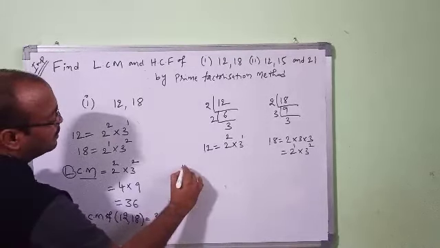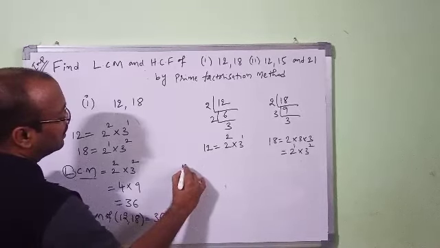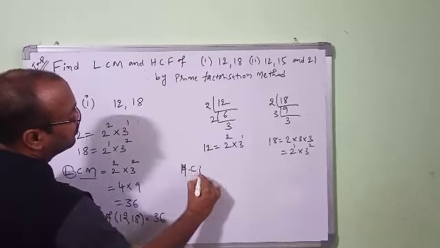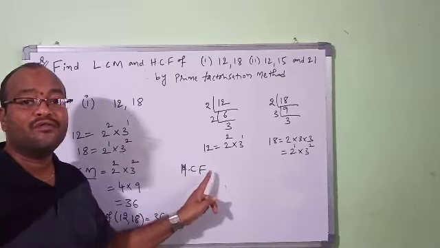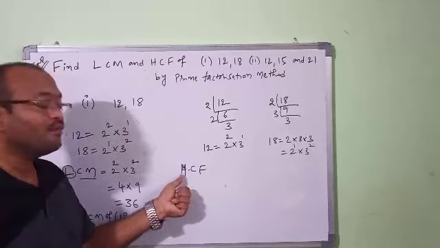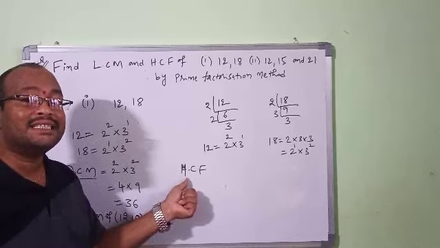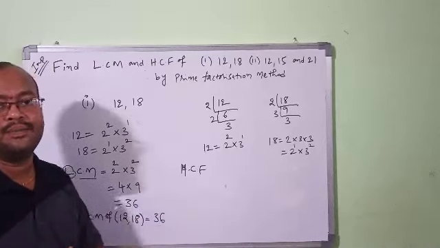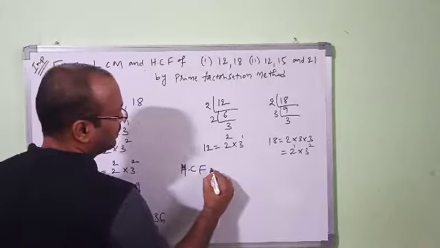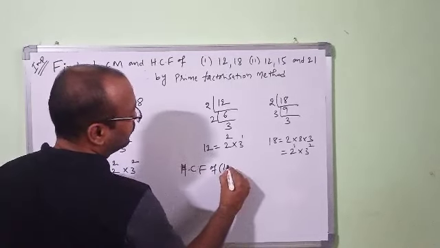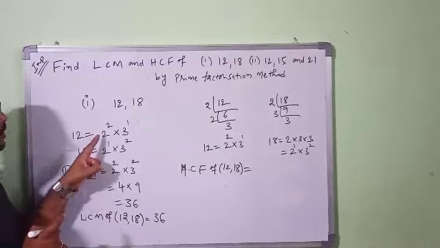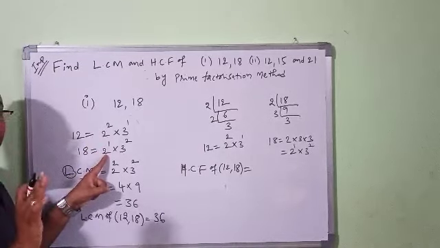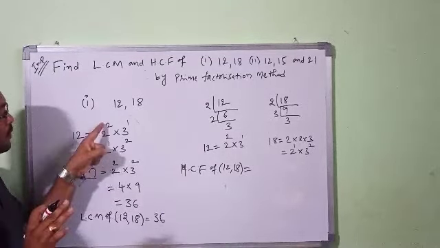In the same manner, HCF. HCF means highest common factor, or we can also call it GCD, greatest common divisor. Whatever it may be, the problem is the same. HCF of 12, 18 is equal to. Again, we will take this one only. 2 is common. We have 2 square and 2 power 1.